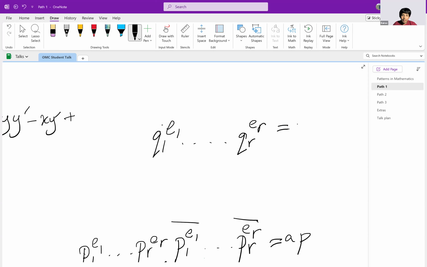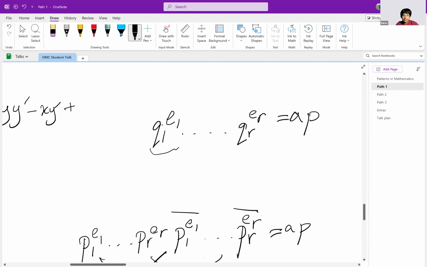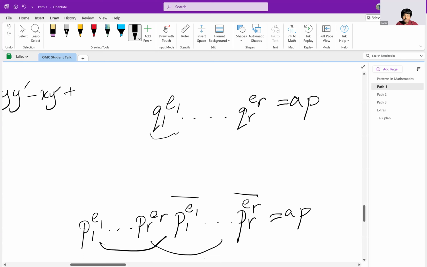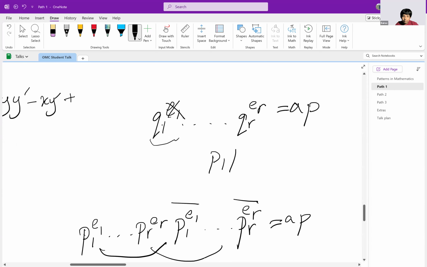We can't be sure these are primes yet, but at most one of these has to be a p, and since there are two of these, this must be a 1 since it's a prime. So we get that p1 times p1 bar is p.